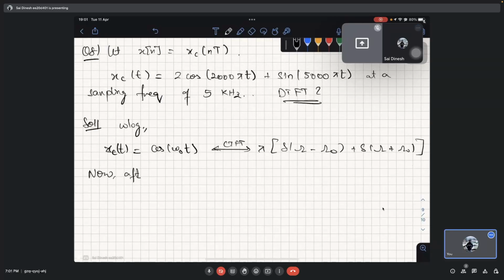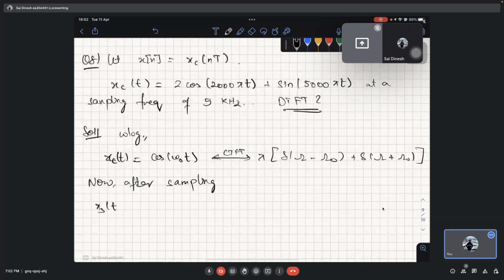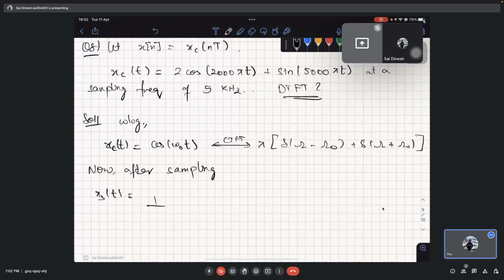Now after sampling, what will it be? Yes, you've seen this earlier, which is a shifted, periodically repeated version of the original Xc of omega.